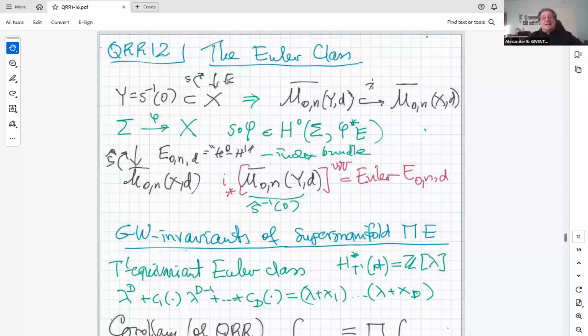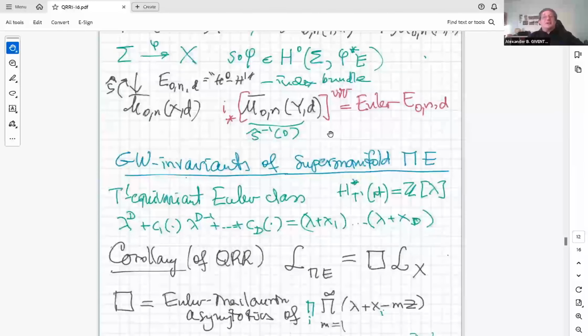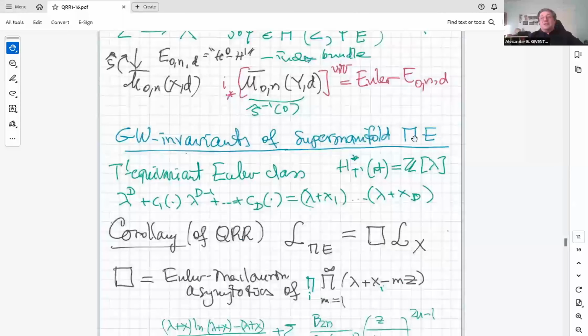And the reason is that the dimension of a supermanifold is the difference of dimensions of even and odd part, and will be exactly the dimension of Y. And so let's think that we are computing Gromov-Witten invariance of a supermanifold pi E, where E is odd bundle over X.